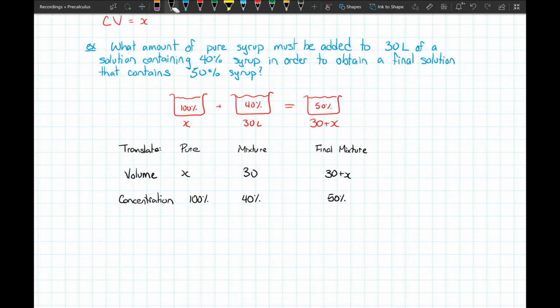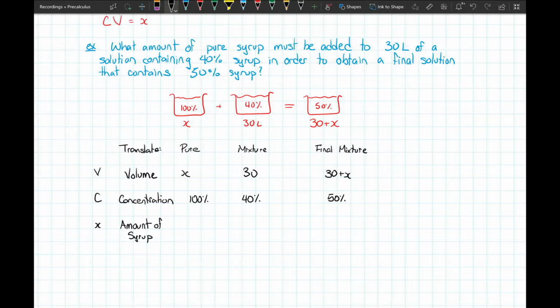Well, what we need is actually one more equation that's going to give us a way to solve for X, and that would be looking at the formula for concentration. If we know volume, remember that this is V, and we know the concentration, C, then we can figure out X, which is the amount of syrup in any one of these mixtures or pure containers.